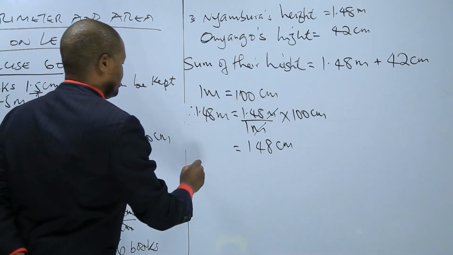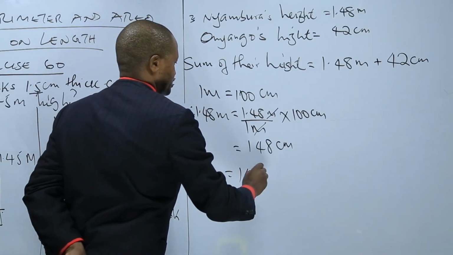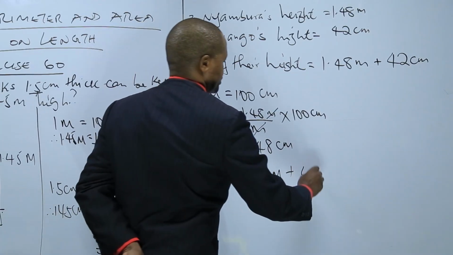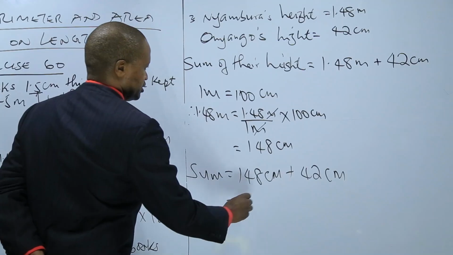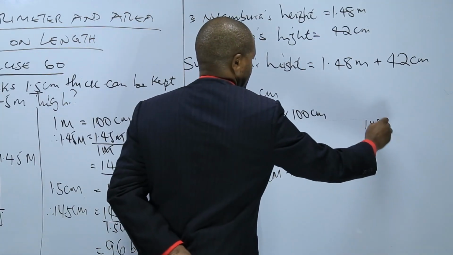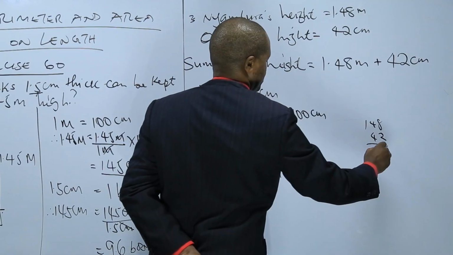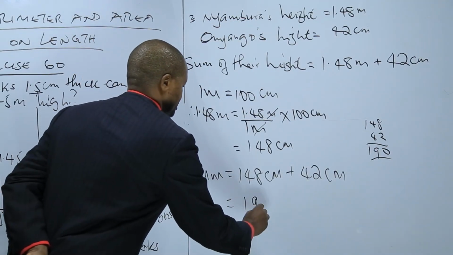So the sum is equal to 148 centimeters plus 42 centimeters, which is 148 plus 42. This is equal to 190 centimeters.